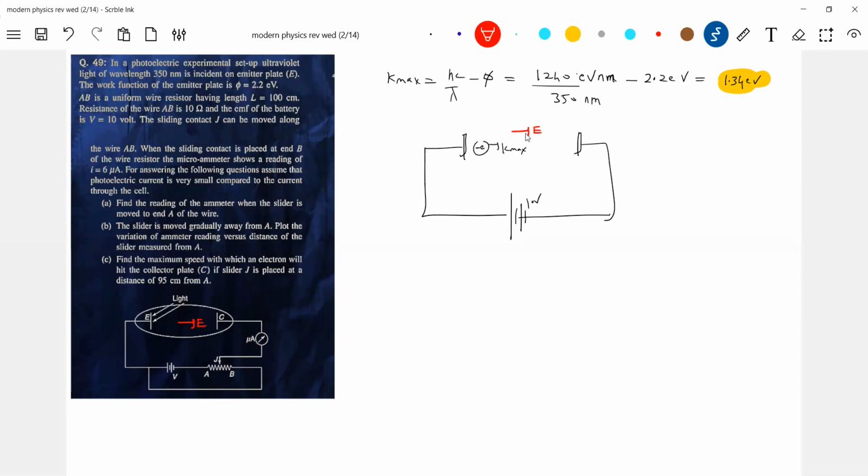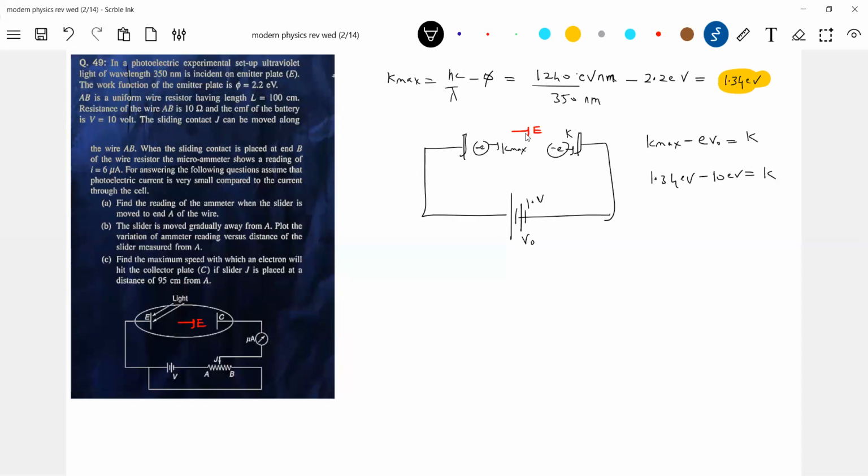Okay, now let's calculate what is the speed of the electron when it reaches here. Initial kinetic energy K max plus work done by the cell, which should be negative, no? So eV naught equal to K. K max is 1.34 electron volt, and this is 10 electron volt.